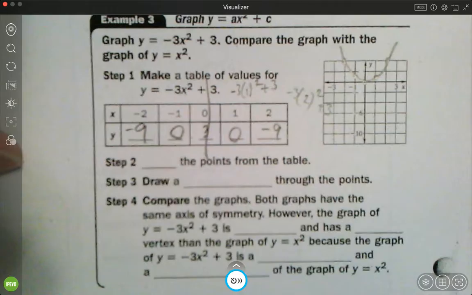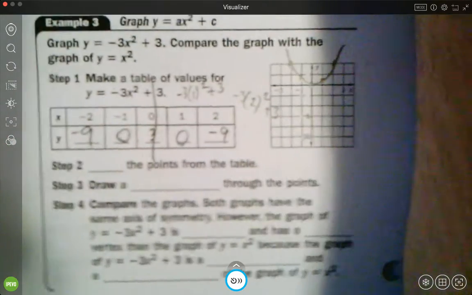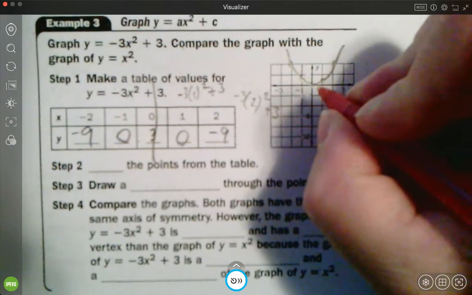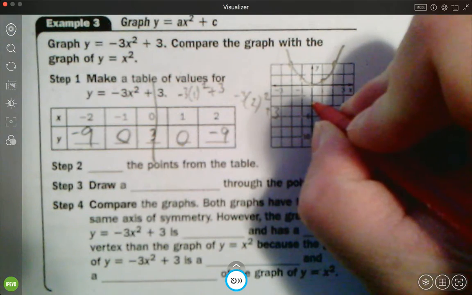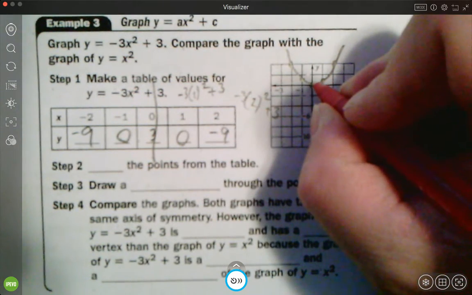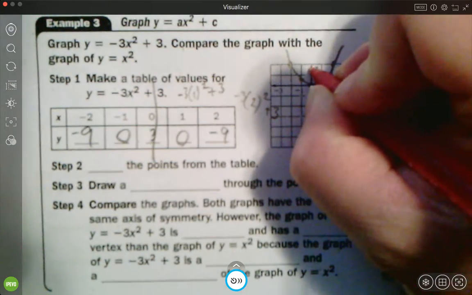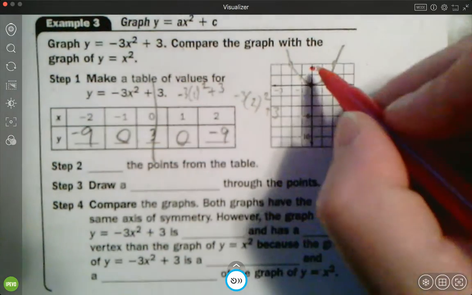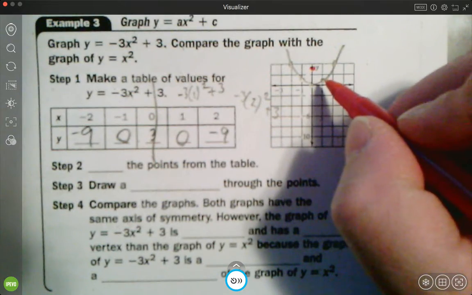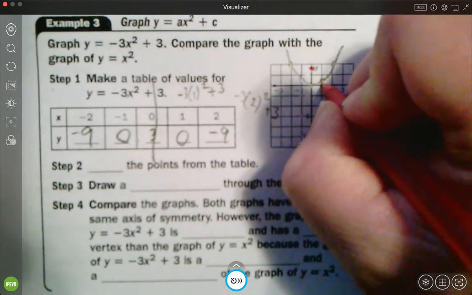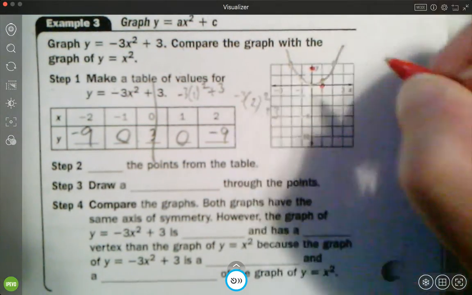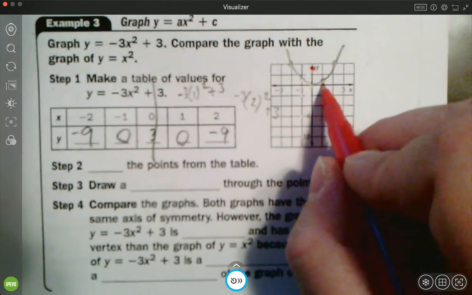So now, same thing here. I'm going to plot my points, draw a smooth curve. So I go 0, and then I go to positive 3. So that's going to bring me up here, (2, 3), right? And then from there, I'm going to go (1, 0). Spoiler alert, that's the solution to your function here.